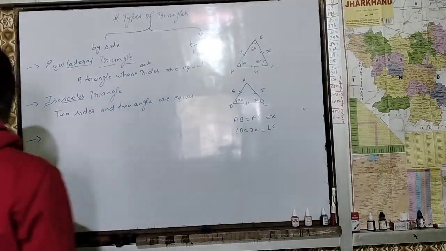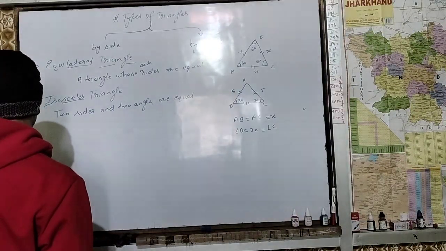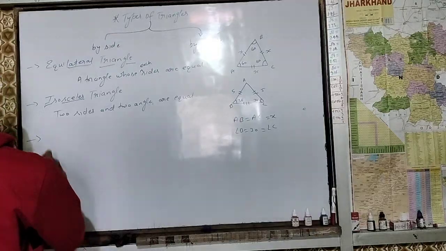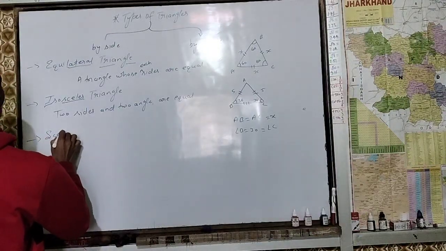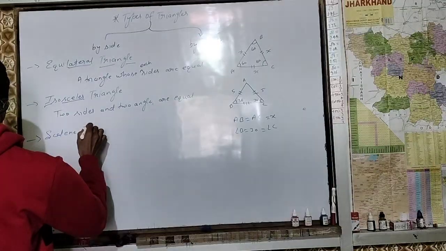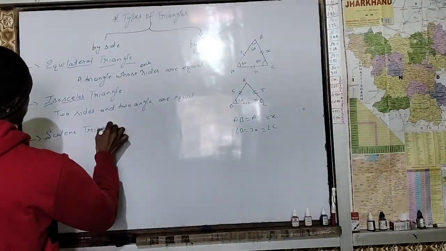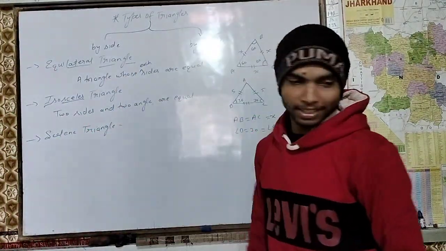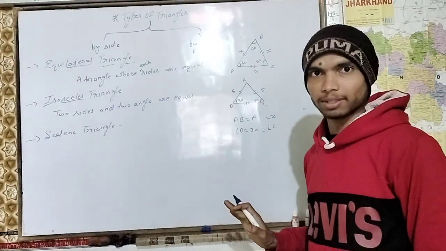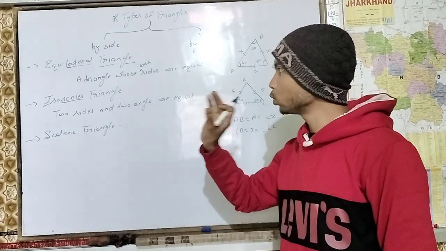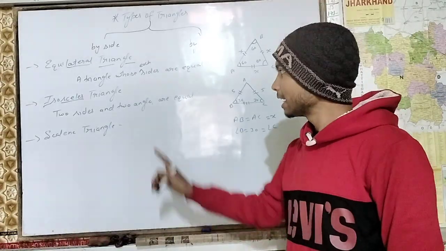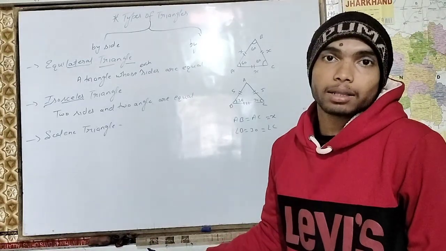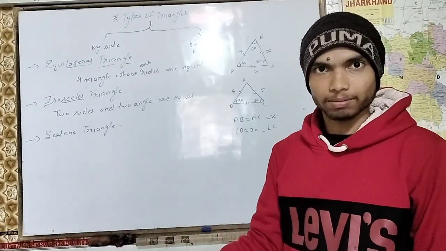Next we have a scalene triangle. Simple. In the first we saw each sides were equal. In the second we saw two sides were equal. In this we will understand that each side is not equal to each other.